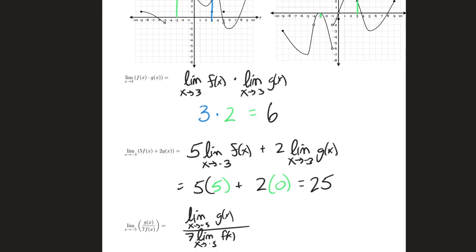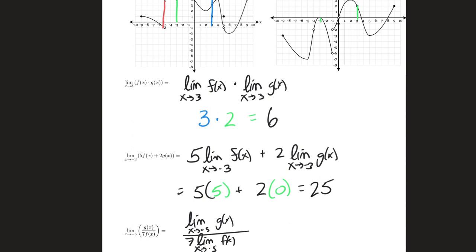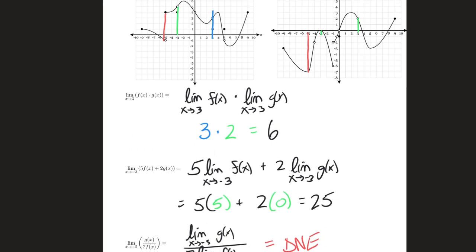So at negative 5, the limit of f of x does not exist. The limit of g of x is negative 7. But if I have a limit that doesn't exist, this whole thing just does not exist. There's no limit at negative 5 for f because there's a jump. So this whole thing doesn't exist. You can't do the individual pieces if one piece doesn't work.